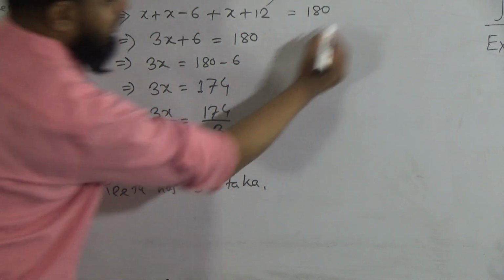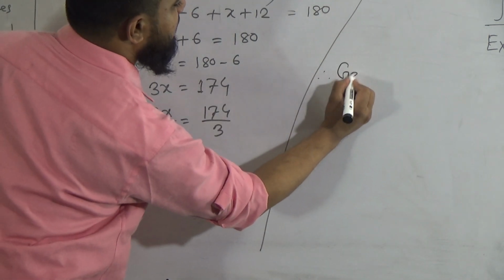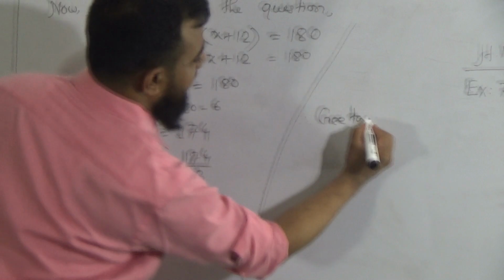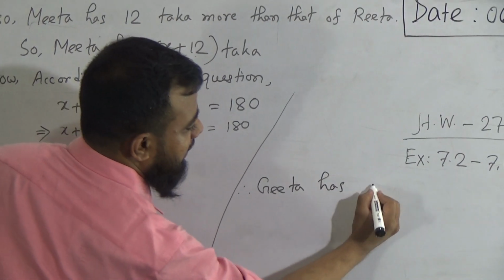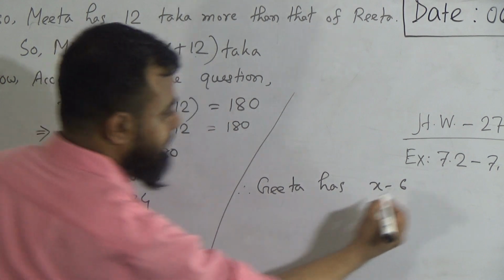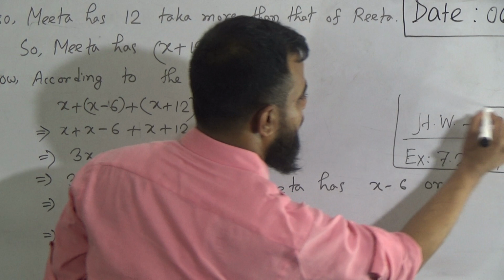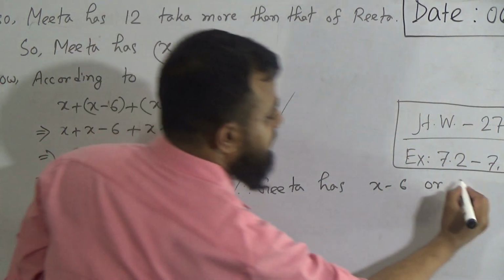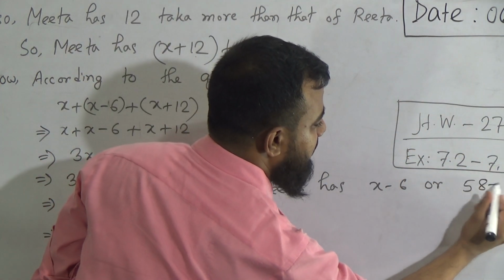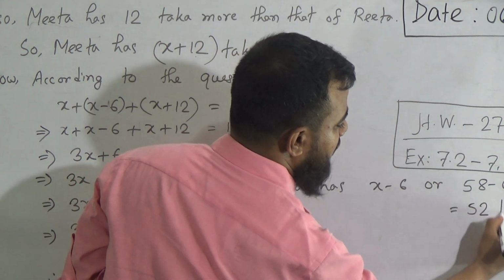Now therefore you can write down here, Geeta has x minus 6, where x means 58 minus 6, that's equal to how much? It's 52 taka.